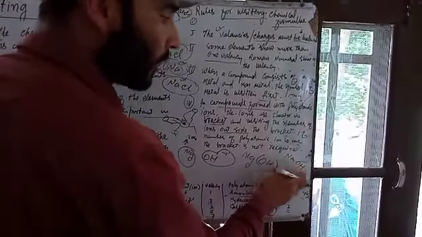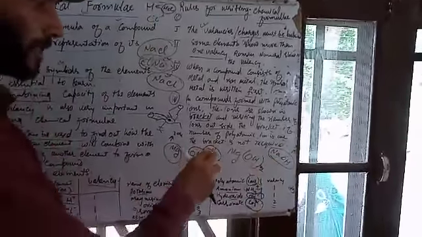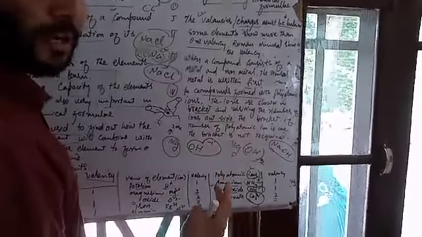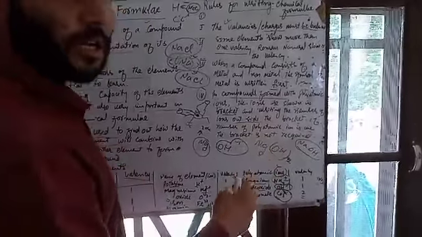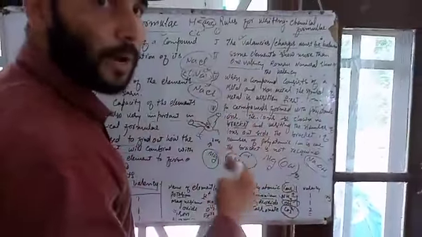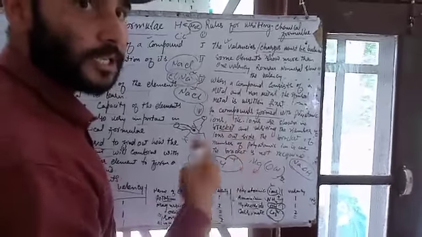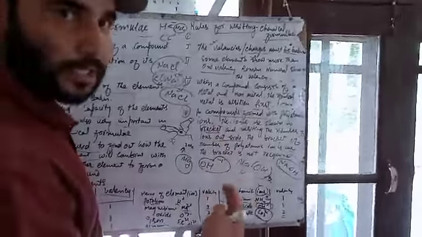Na has one valency, OH also has one valency. We don't need to write brackets around OH. Therefore, the fourth rule indicates 2 points. If polyatomic ions are present in a compound, the number of these ions is indicated outside the bracket, and if the number of these polyatomic ions is single, they are not shown in brackets.